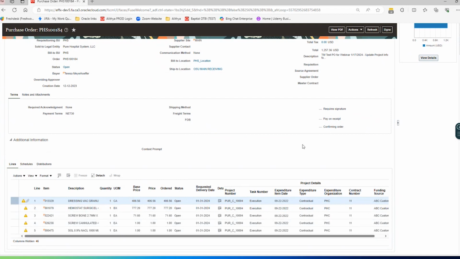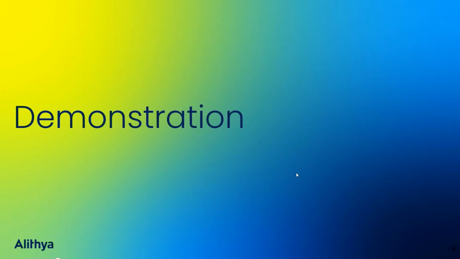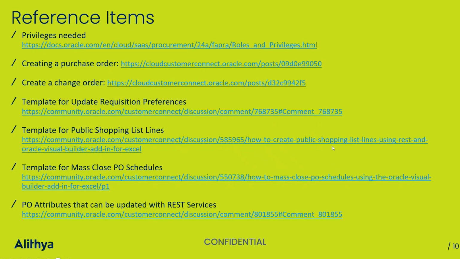So we have used our API, our add-in through Excel to mass update PO lines, and we submitted it for approval. So we'll jump back over here to the slide and we'll continue on with the presentation.